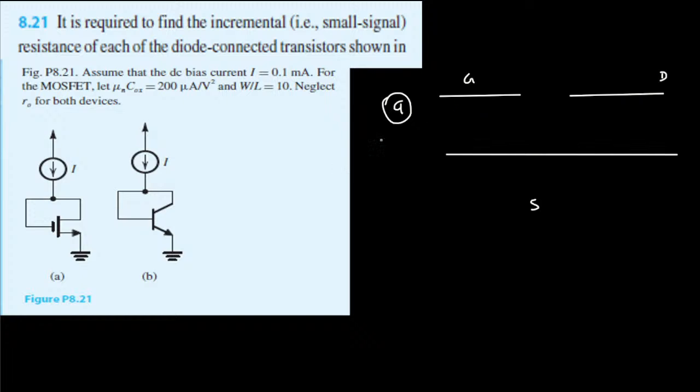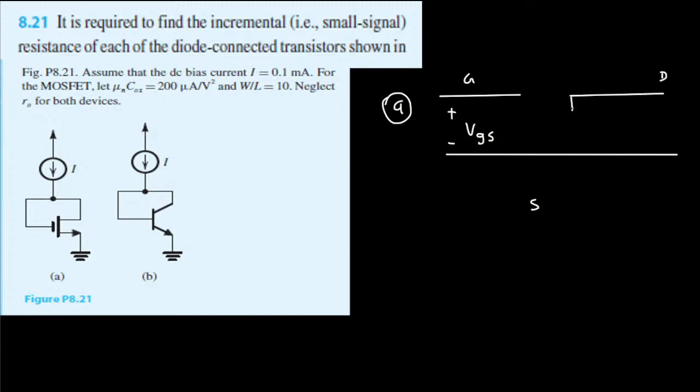VGS is nothing but VG minus VS. This is an NMOS, that's why we have the arrows like this. If it's a PMOS, this will be flipped. From drain to source there will be a current flow, that is the ID current.